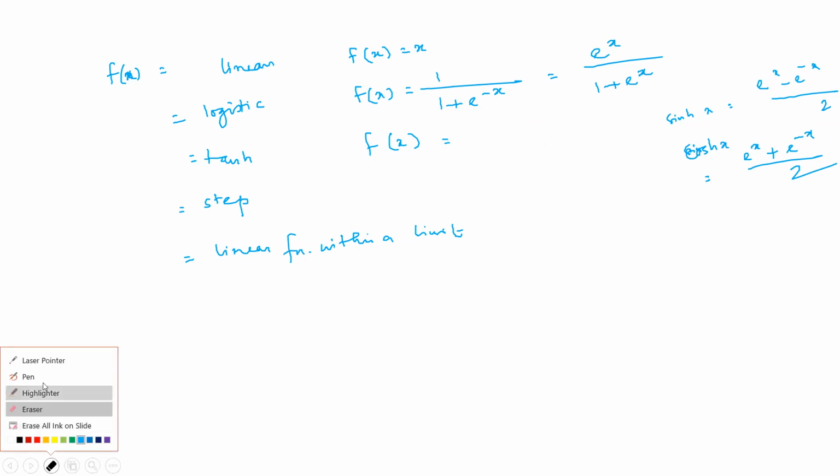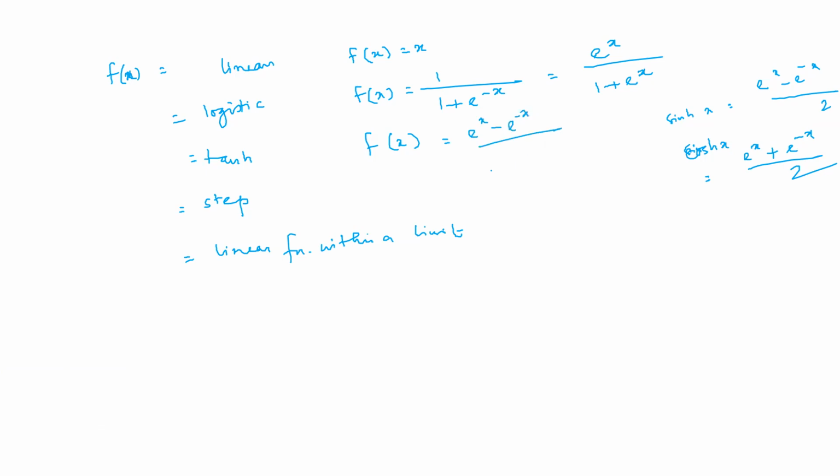So let's write that: e to the power x minus e to the power minus x by e to the power x plus e to the power minus x. The curve of tan hx looks somewhere like this. If I have to draw the curve, it will be defined between -1 and +1, somewhere like this.